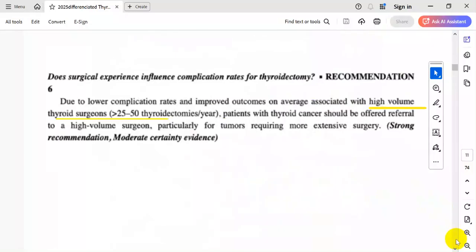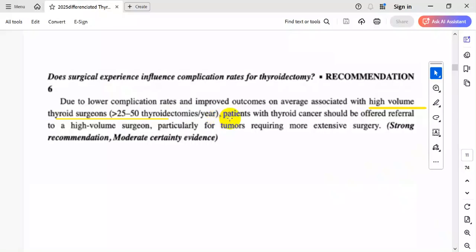does surgical experience influence complication rate for thyroidectomy? Yes, there are lower complication rates and improved outcomes associated with high volume thyroid surgeons who do more than 25 or 50 thyroidectomies per year. By the way, in some centers they are doing even more than 100 operations.